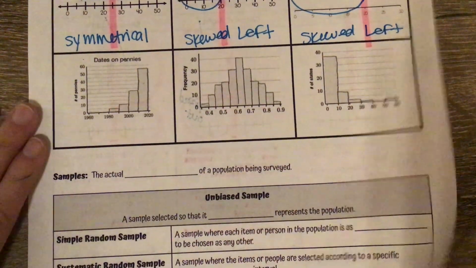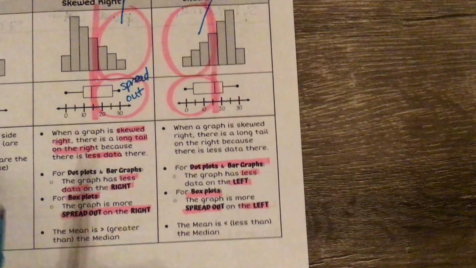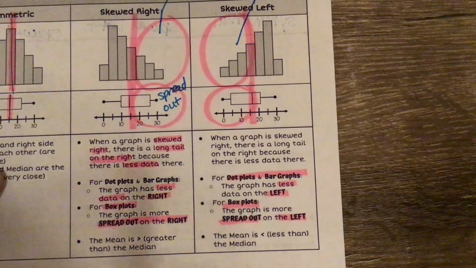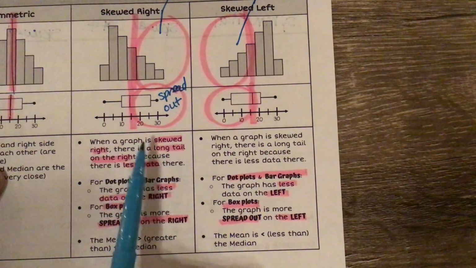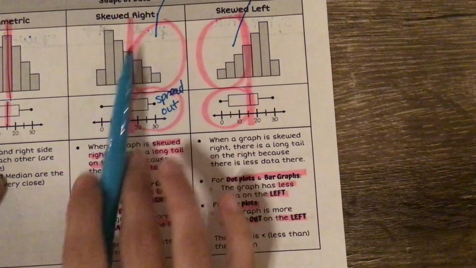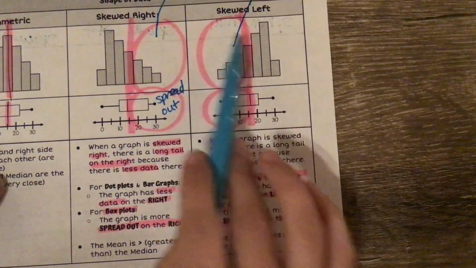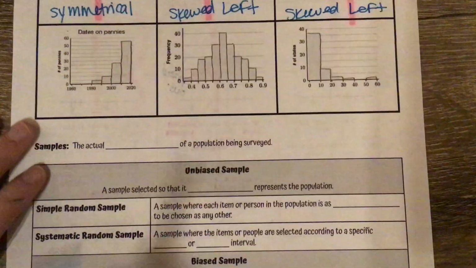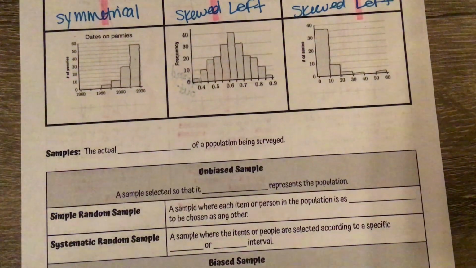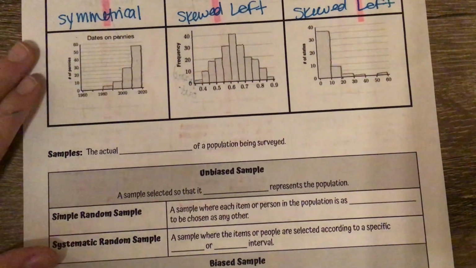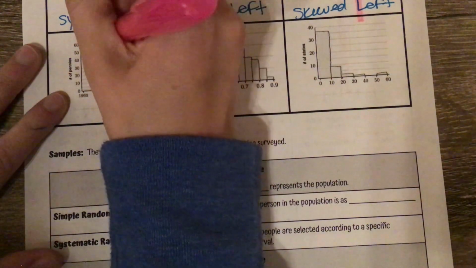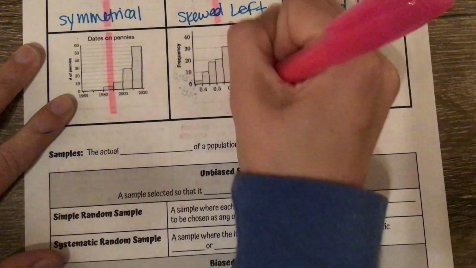Last one, we're looking at bar graphs. Bar graphs work the same as the first three that we did, the dot plots. So if there's less data on the right, it's skewed right. If there's less data on the left, it's skewed left. I'm going to guess the midway point.